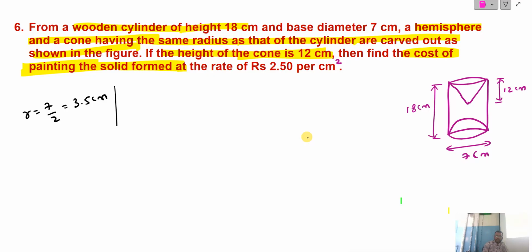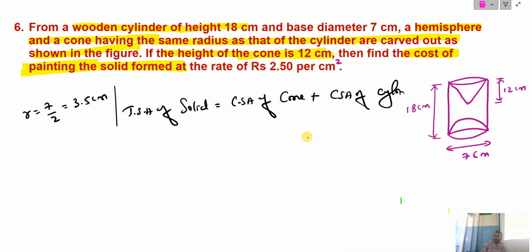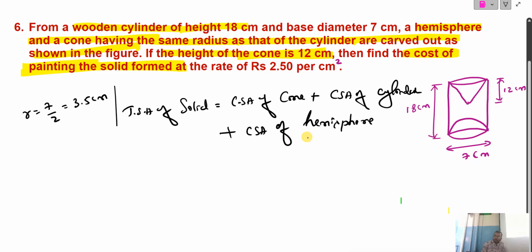Now I can say that the total surface area of the solid equals the curved surface area of the cone plus the curved surface area of the cylinder plus the curved surface area of the hemisphere. What is the formula for the curved surface area of the cone?